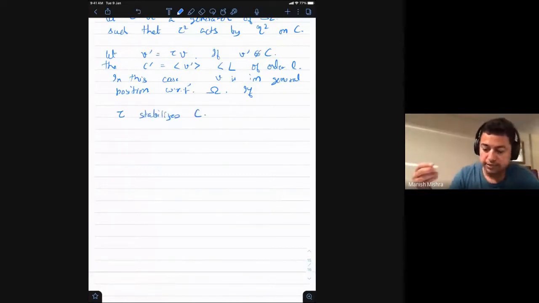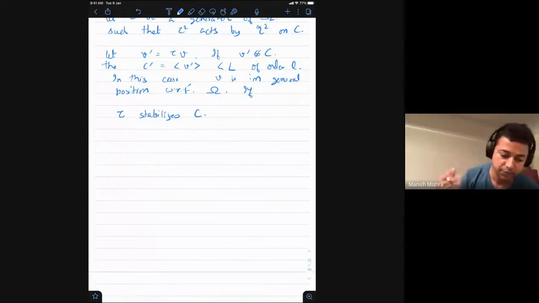On the other hand, the other possibility is that tau stabilizes C. So C is a finite cyclic group of order L, and its automorphisms are multiplication by an integer.